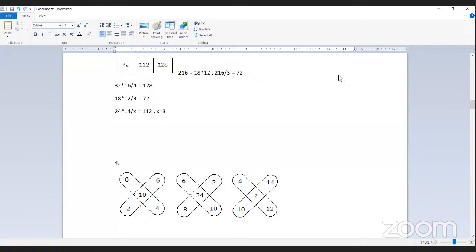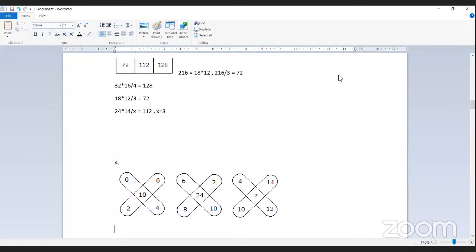Yes, 38, ma'am. Sai, Jagdish, all of you are 38. Okay. Can you guys tell me how you got it? 6 plus 0 plus 4 plus 2 and then minus 2 is 10, and 6 plus 2 plus 8 plus 10 minus 2 is 24.